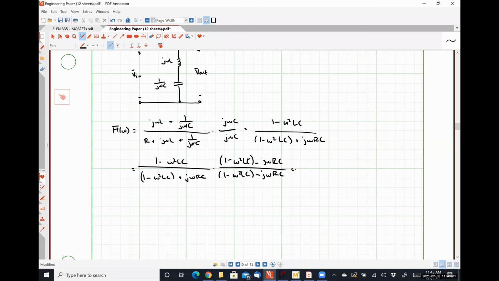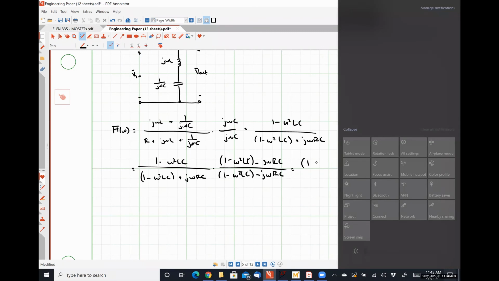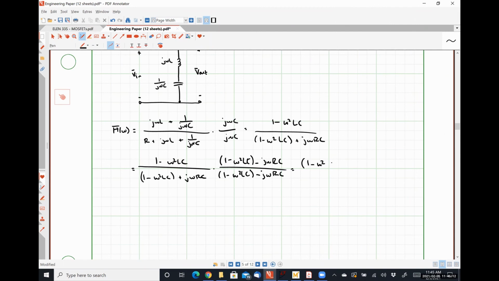Doing so, I get 1 minus omega squared LC quantity squared minus J omega RC, times 1 minus omega squared LC, over 1 minus omega squared LC quantity squared plus omega RC quantity squared.